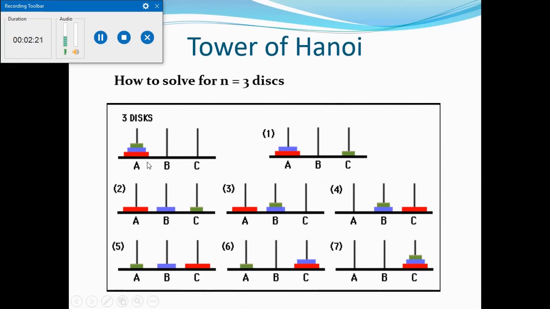Suppose you have 3 sticks A, B, C, and 3 disks, green, blue and red, where green is the smallest, blue is the middle one, and red is the largest disk.